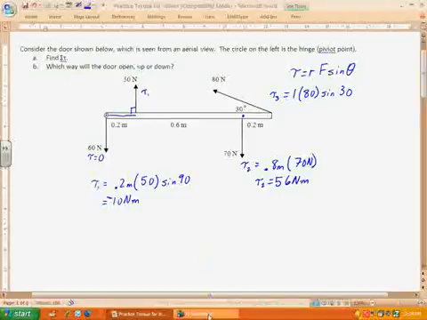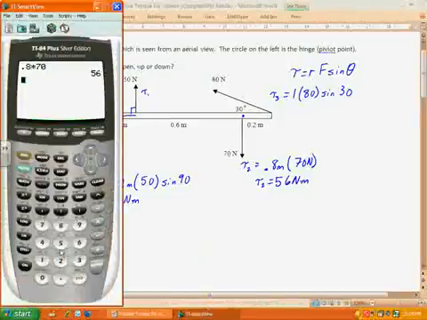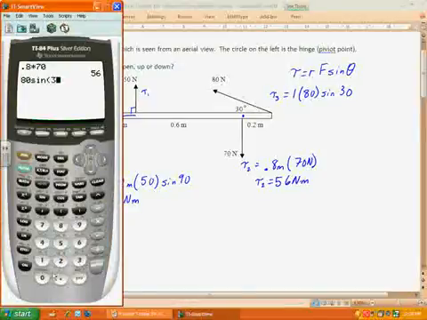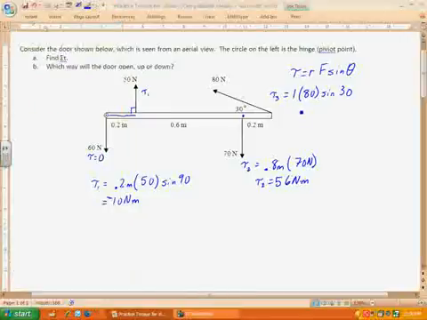So I know in the end it's going to be a negative torque. But let's go ahead and do 80 times sine of 30, which is going to be 40. And so my torque 3 is 40 Newton meters, negative because it's going counterclockwise.